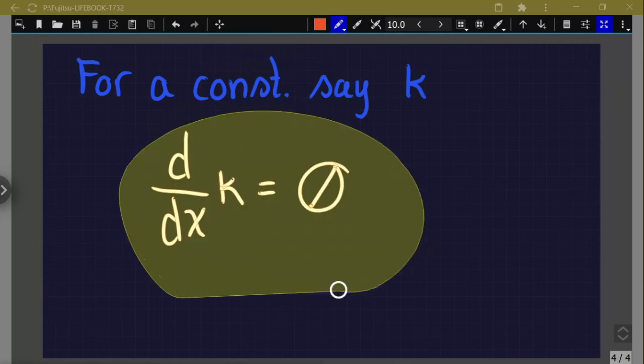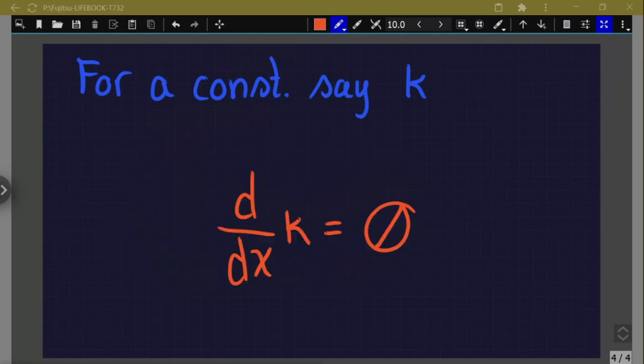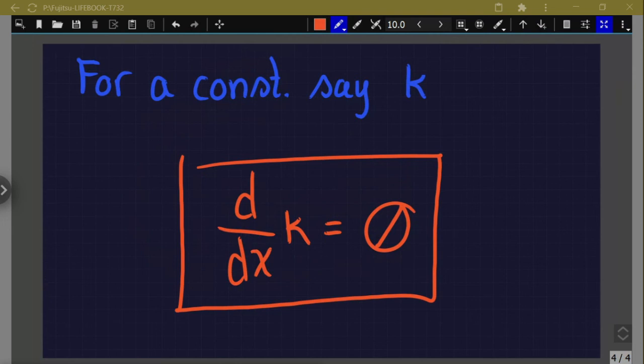Don't forget that. The derivative of a constant is 0.